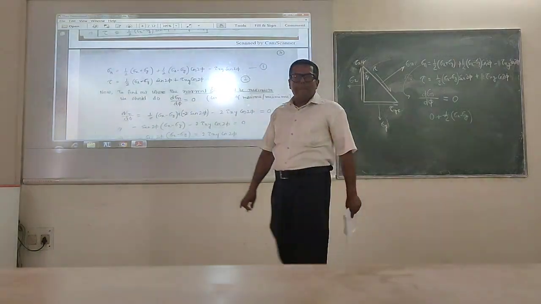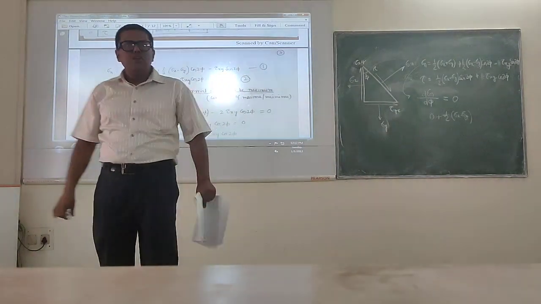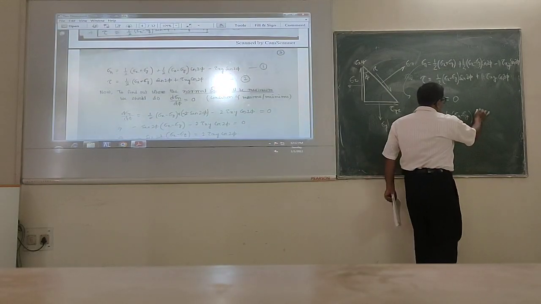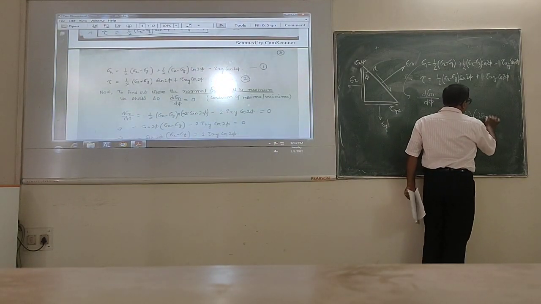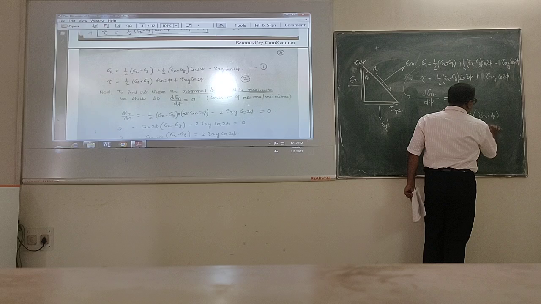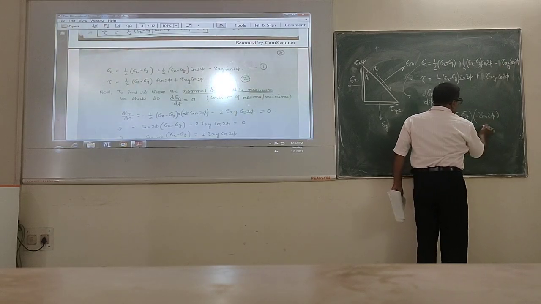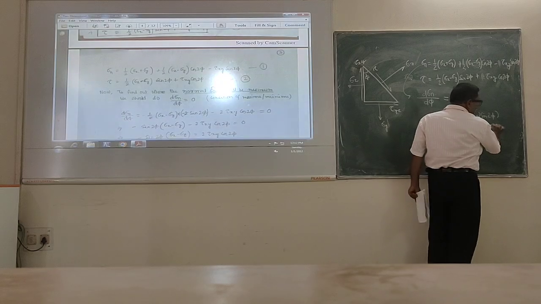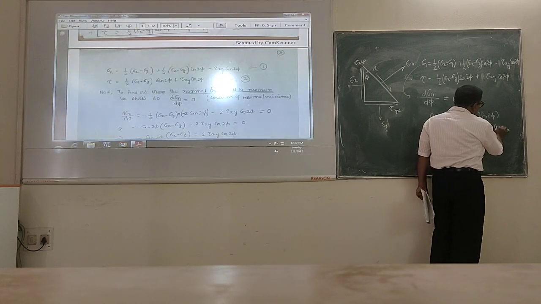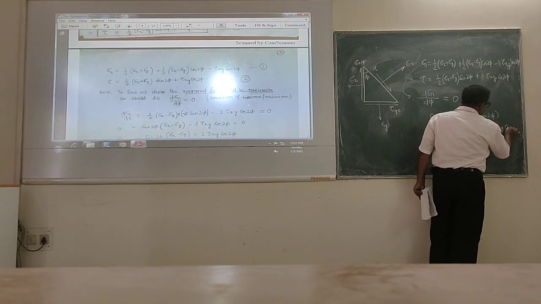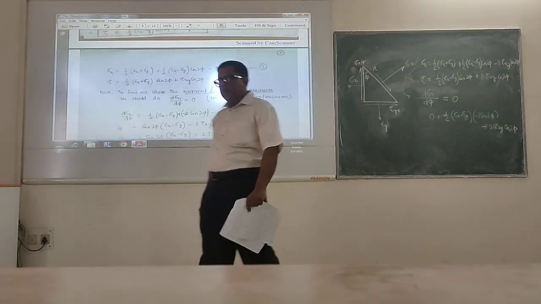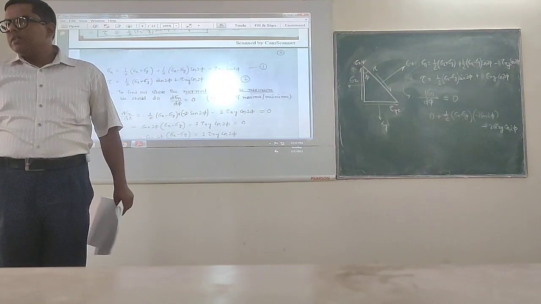Differentiation is happening for the cos 2 phi, so minus 2 sin 2 phi. And the remaining term, minus tau xy sin 2 phi, will become 2 tau xy cos 2 phi. Is it clear? Have you understood?